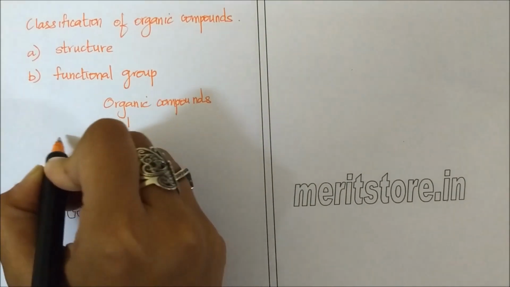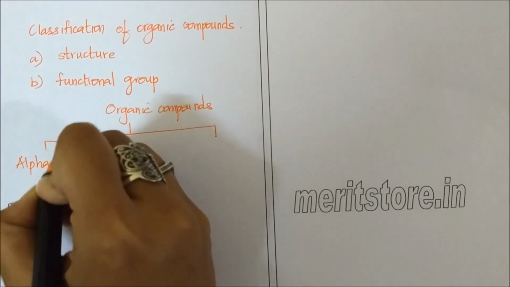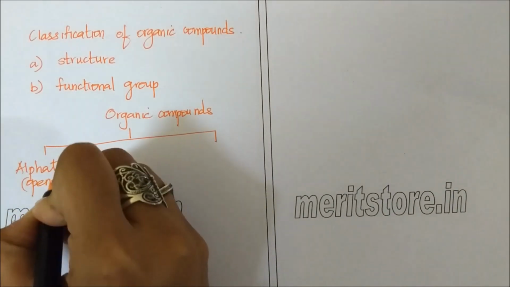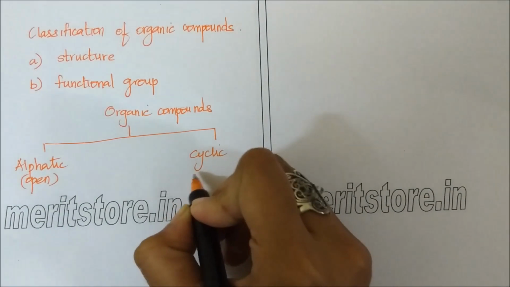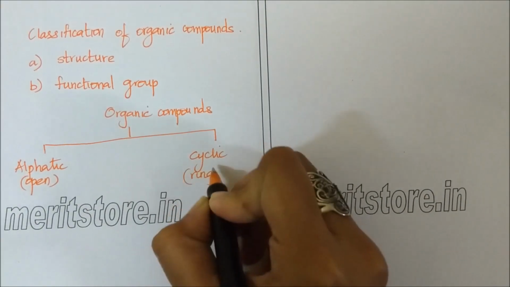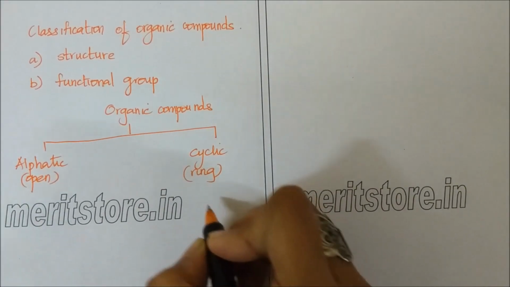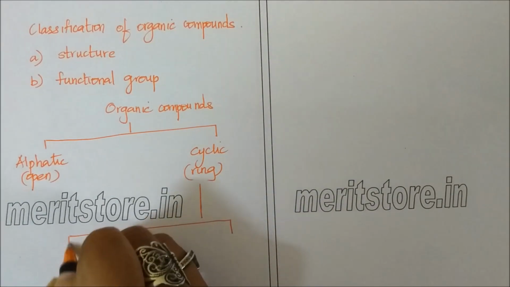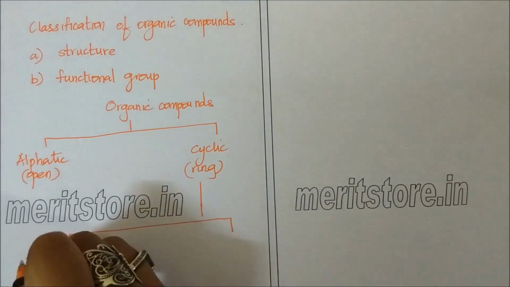Aliphatic compounds are those compounds which are open chain, and we have cyclic, which are ring compounds. Cyclic compounds can further be classified into homocyclic compounds and heterocyclic compounds.